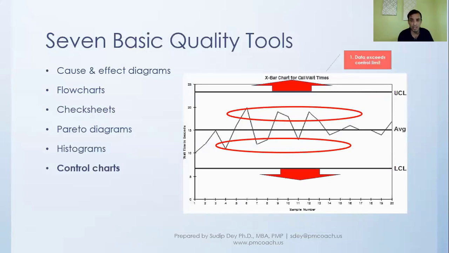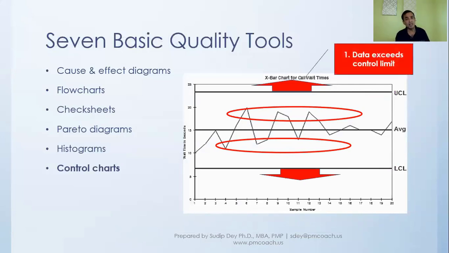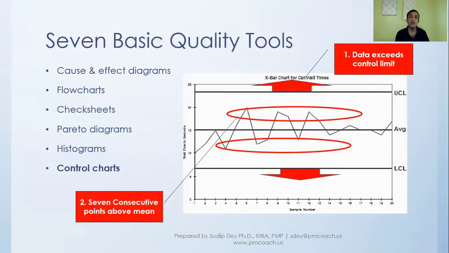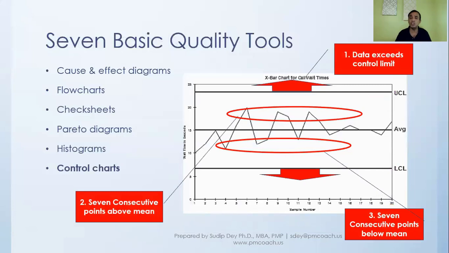So we might say that the process is a failure if data exceeds the control limit, or 7 consecutive points above the mean, or 7 consecutive points below the mean. So this is one way we can say that the process is a failure, and when we come across this condition, then we go in and try to explore why it is happening and what corrective measures can be taken.